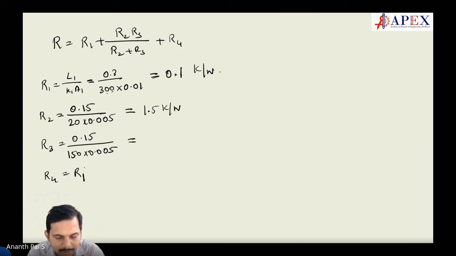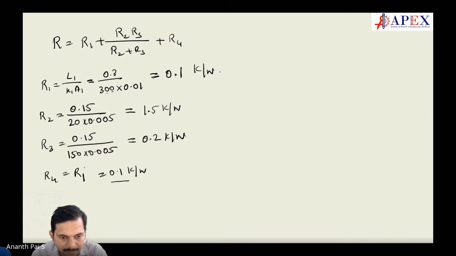The other one is 0.15 divided by 0.005 into 150, so you get 0.2 Kelvin per watt, and R1 is equal to 0.1 Kelvin per watt.